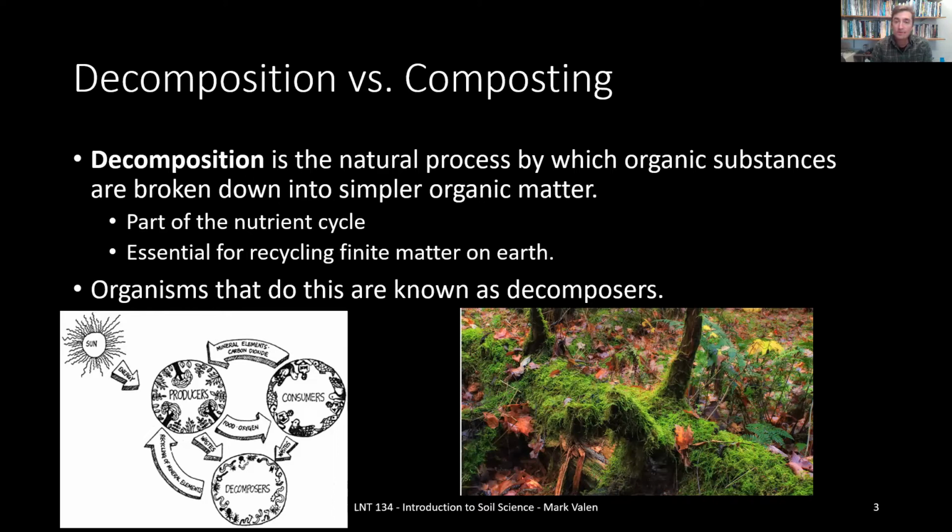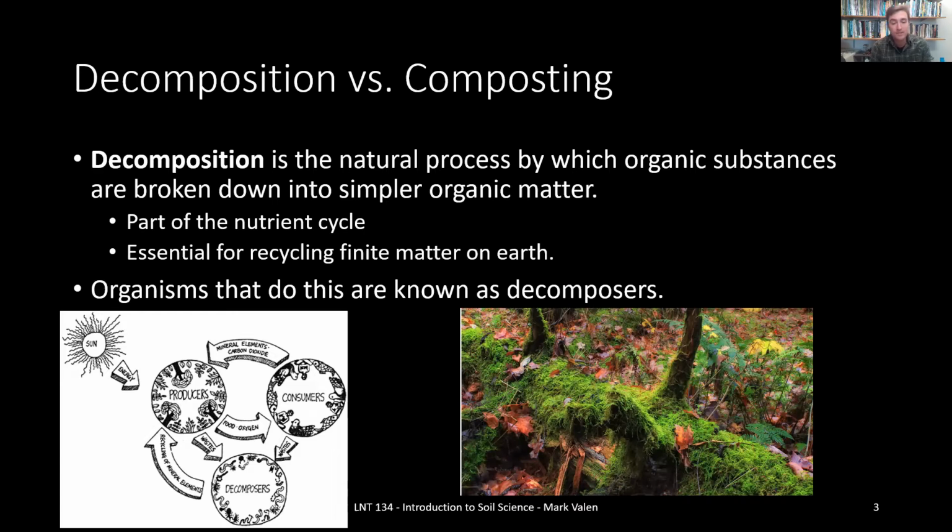And so it's a natural process by which organic substances are broken down into simpler organic matter. It's part of the nutrient cycle. It is essential for recycling finite matter on Earth. This is how we make new material available for new life. Without decomposition, there could be no new life.